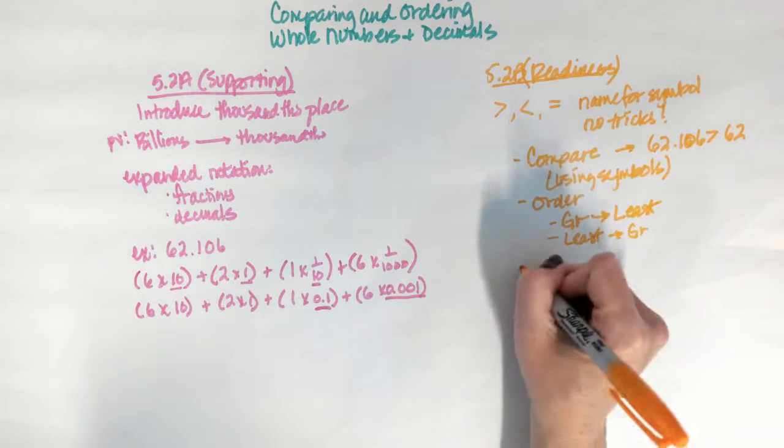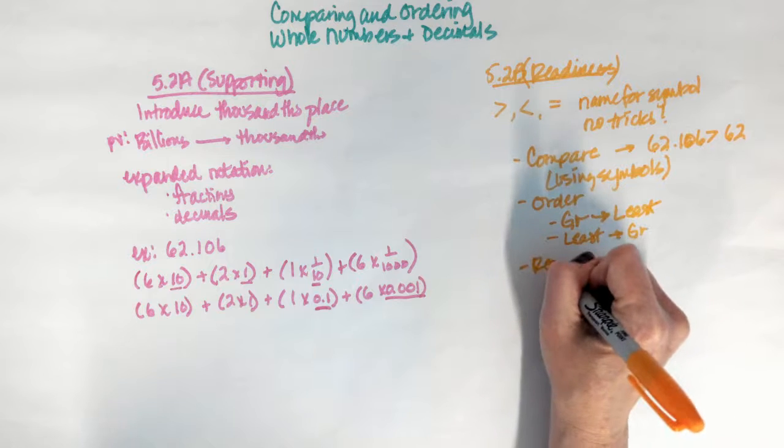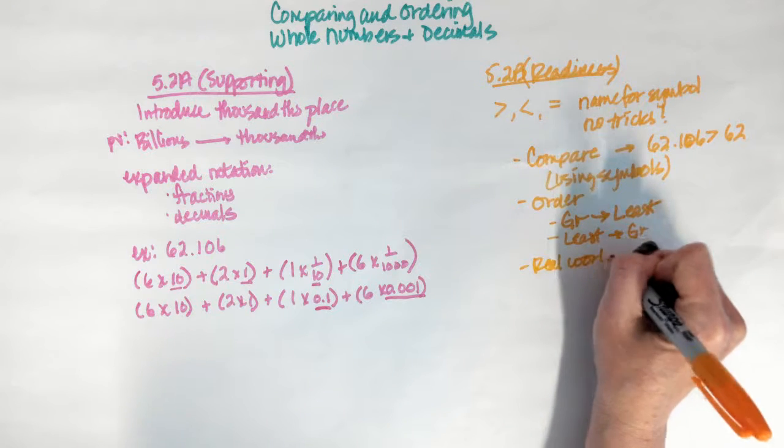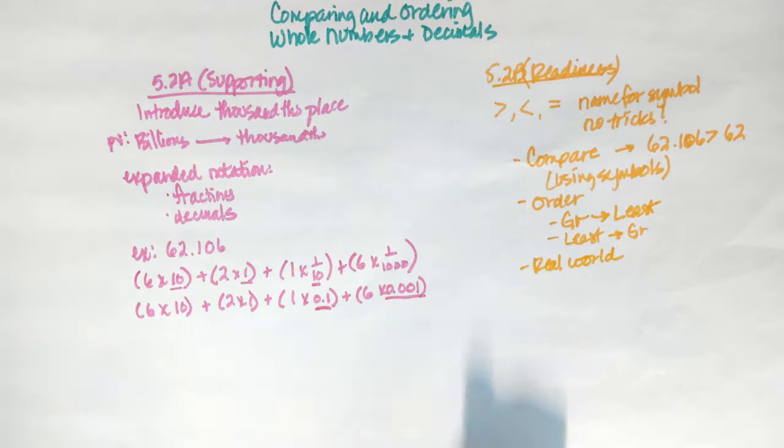This is typically done in a real world type of a problem. The types of problems that get them in trouble is when it's race times and you want to know who won. If I'm the winner of a race, my speed, or my time in this case, would be the smallest number because it means I ran the race the fastest.